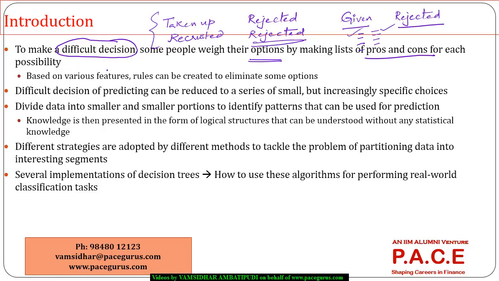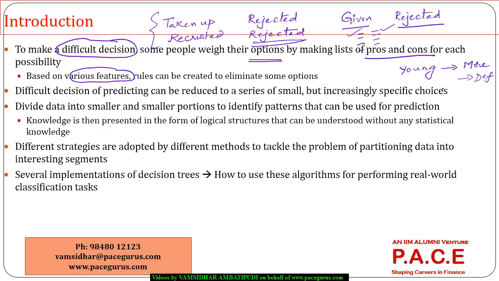So in machine learning, we are trying to automate that particular process. Based on various features, even if I have to take this decision manually, I will look at different features. Oh, he is a very young guy, so his age is much lesser. So there is a chance that he is earning more, so he may not default.